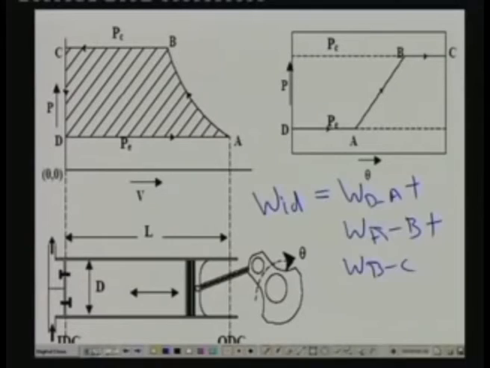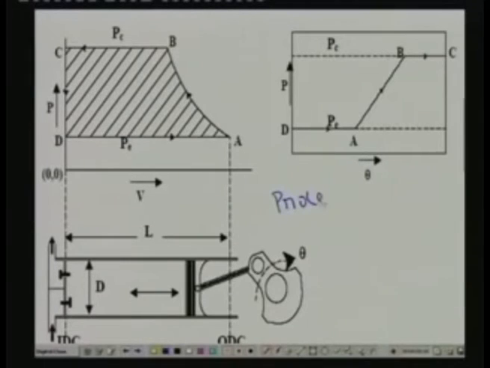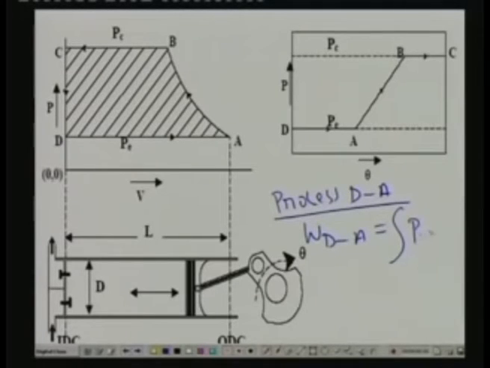Now, let us look at these individual processes. For example, what is the work done during process D to A, and who is doing work on what? During process D to A, the refrigerant does work on the piston, and this process takes place at constant pressure. So, the work D to A is equal to integral PdV, and if you are writing work output as negative, then it is minus integral PdV from initial volume Vd to final volume Va.